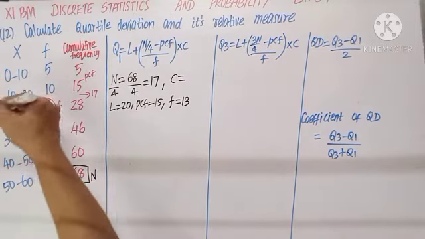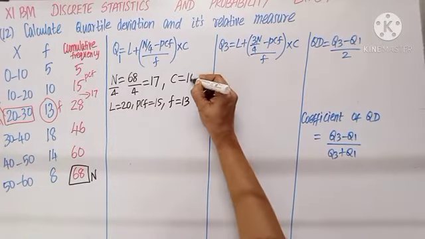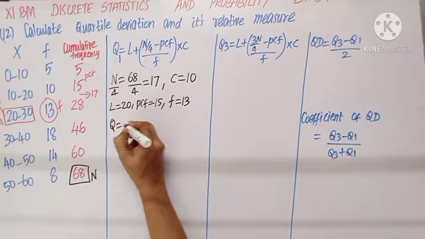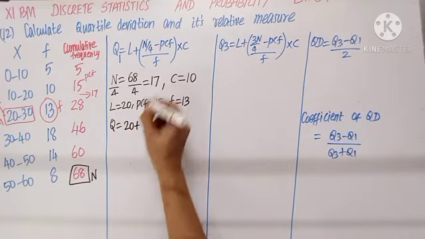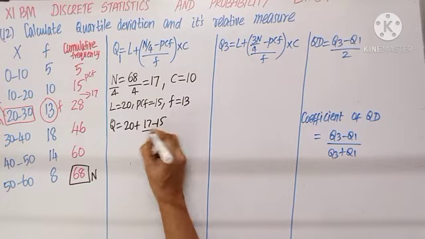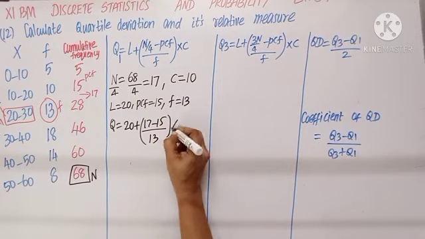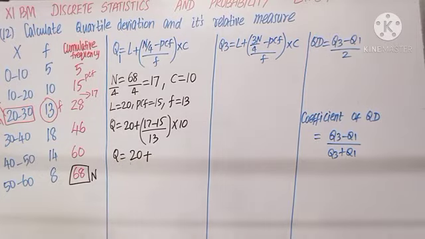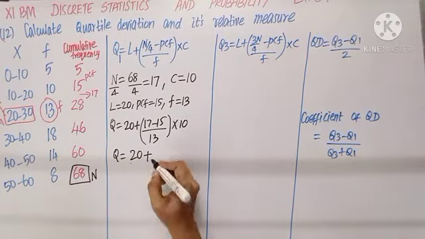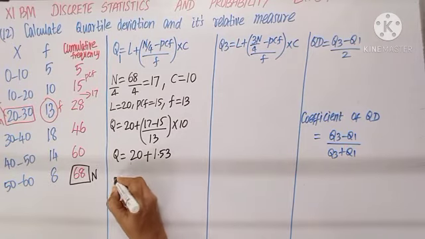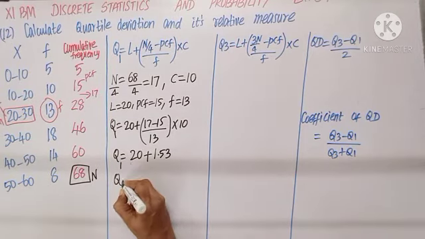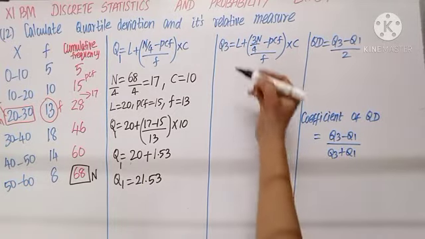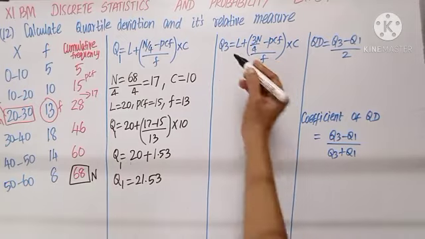They increase by 10, 10. So the length of class interval is 10. As I substitute, Q1 is 20 plus (17 minus 15) divided by 13, into 10. Let us simplify: 20 plus 1.53. So Q1 is 21.53.